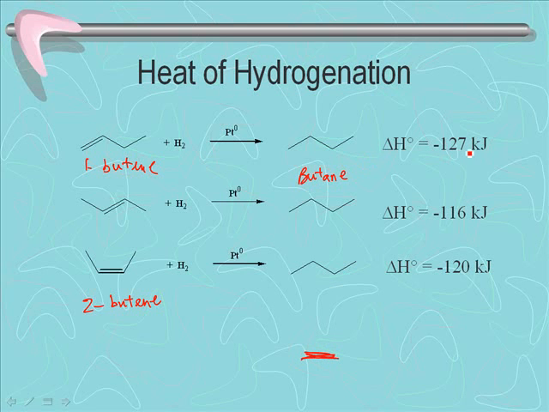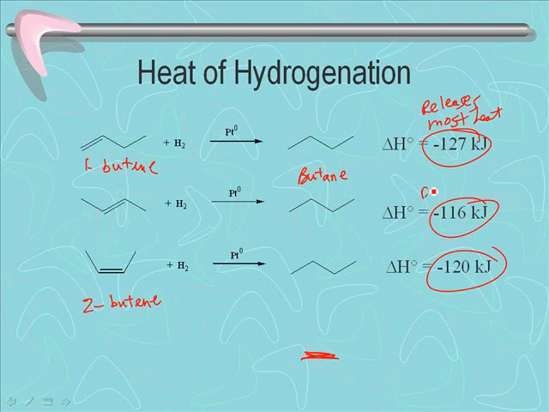The first reaction releases negative 127 kilojoules. The second one releases negative 116. The third one, negative 120. So the first reaction releases the most heat. And the middle one releases the least heat. Let's take a look at the implications of this.